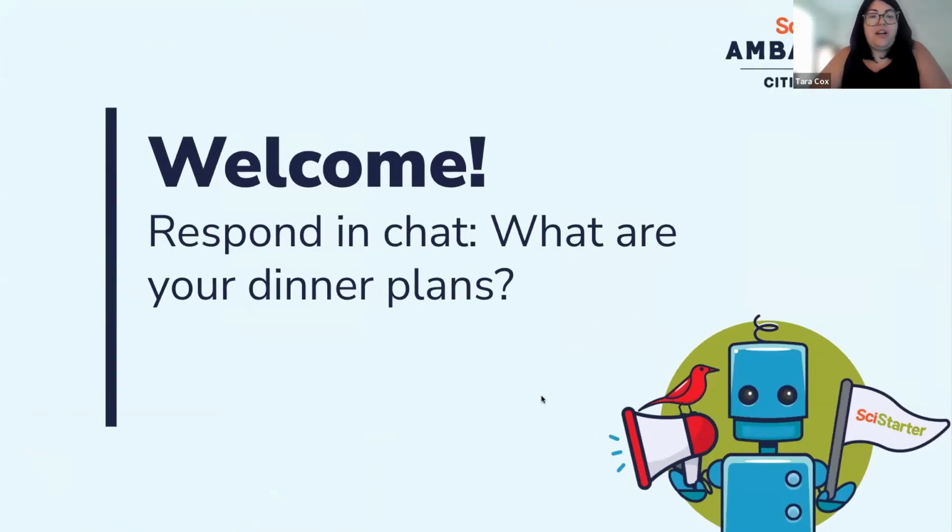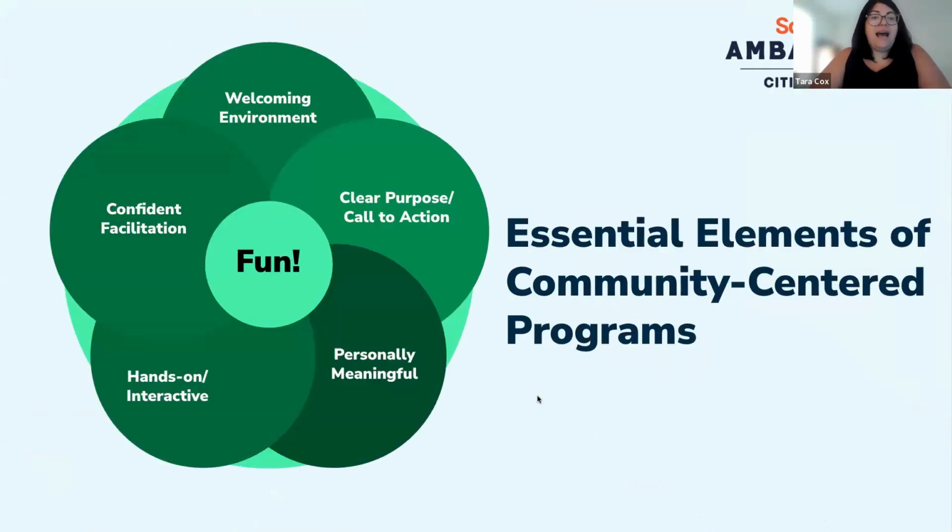I love all of these, and they really model exactly what we're going to be talking about today, which are the essential elements of community-centered programs. Now, this is not a comprehensive list. There are lots of important things that make up community-centered programs around citizen science or participatory science. But this is what we've been thinking about, based on what we heard about your needs and what we know from going out and facilitating projects, programs and activities.